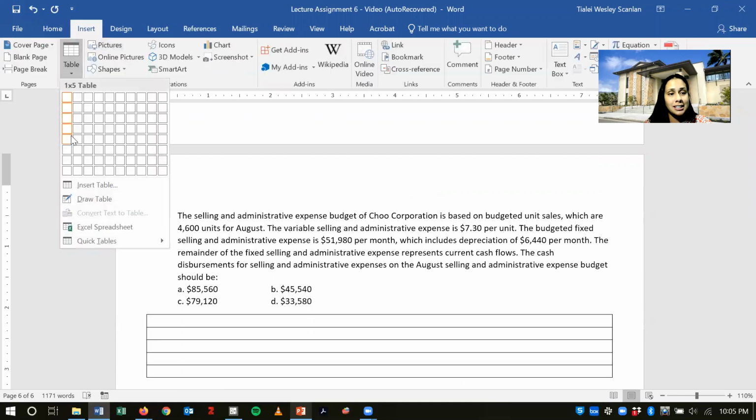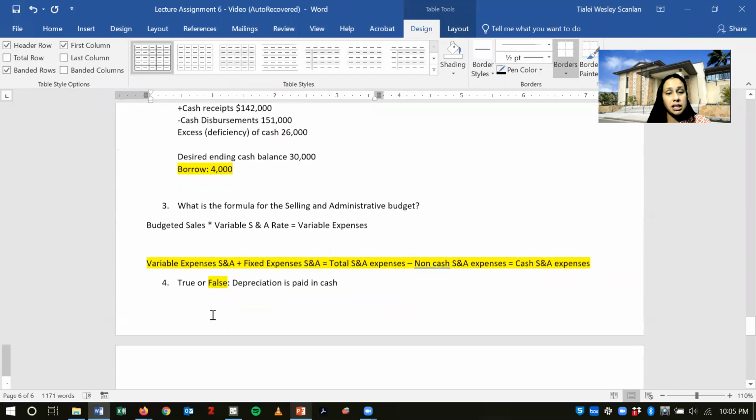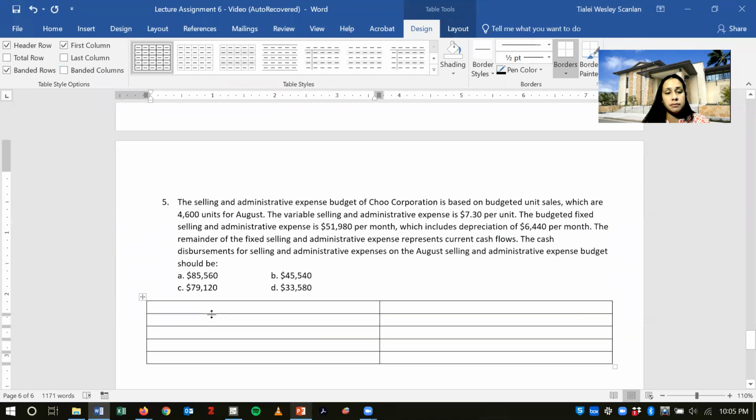So let's insert a table. We'll have our budgeted sales multiplied by our variable rate. So 4,600 units for August, and our rate is $7.30 per unit.